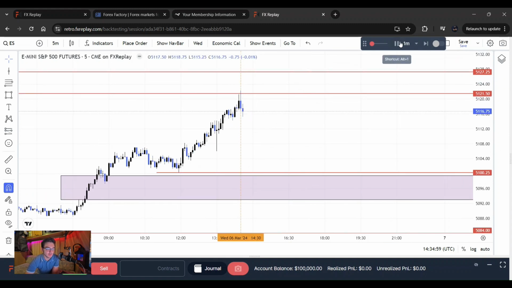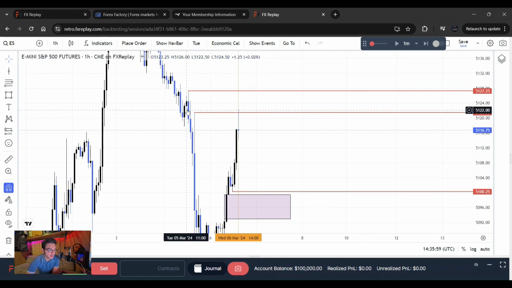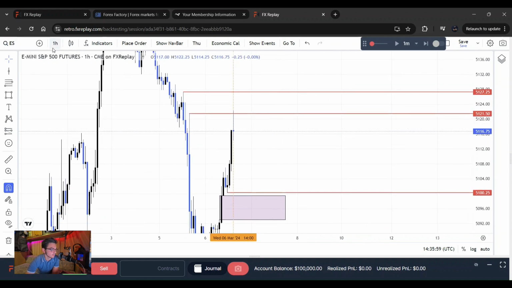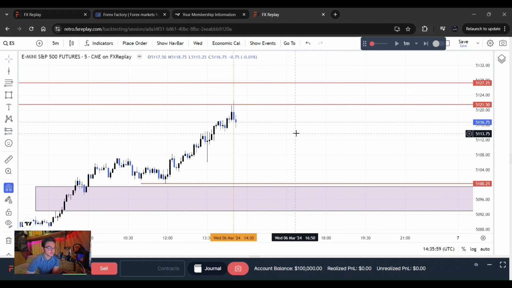So there we have it. Market session opened. We see a high get taken out. We see this 1 hour high get swept by the market. Now, what I do is once we sweep out high time frame liquidity, I always wait for a 5-minute retrace.